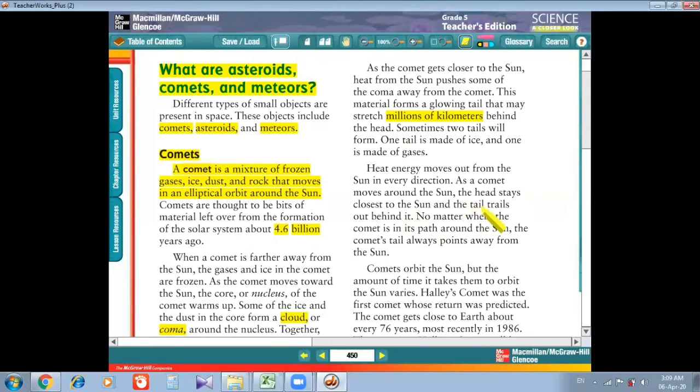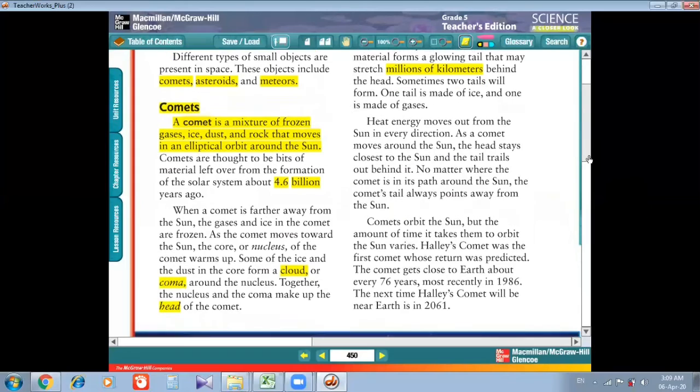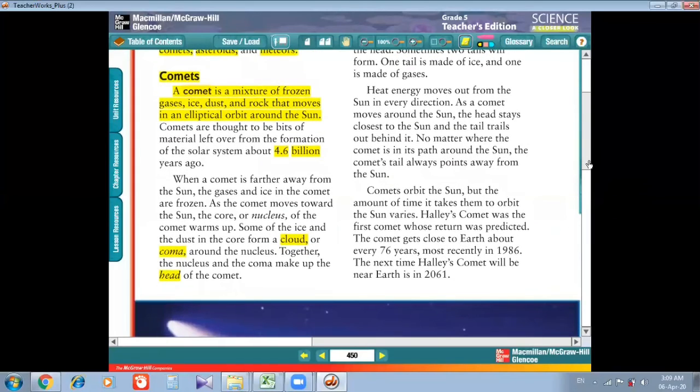No matter where the comet is in its path around the sun, the comet's tails always point away from the sun. Wherever the position of the comet around the sun, the head is always towards the sun, but the tail is always pointing away from the sun.